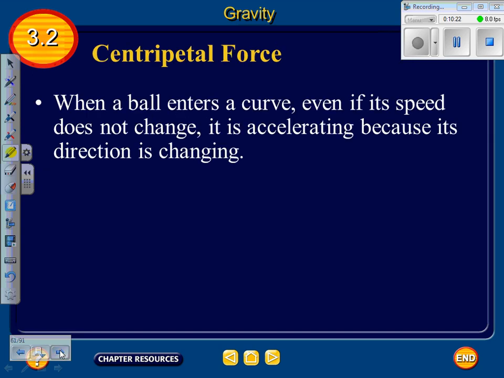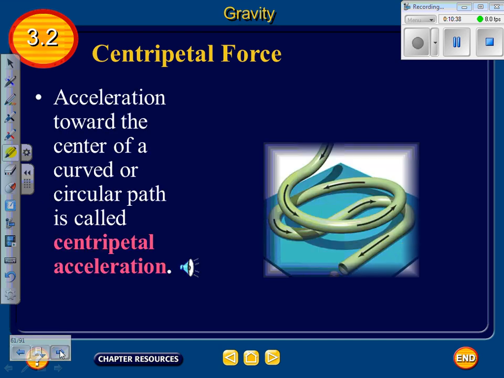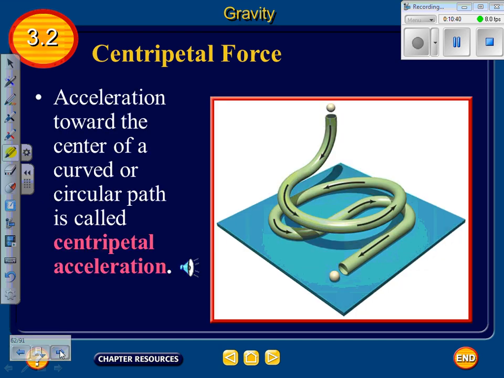When a ball enters a curve, even if its speed doesn't change, it's accelerating because its direction is changing. When a ball goes around a curve, the change in the direction of the velocity is toward the center of the curve. Acceleration toward the center of a curved or circular path is called centripetal acceleration.